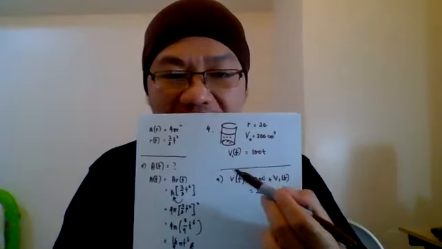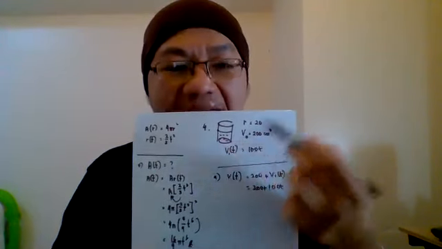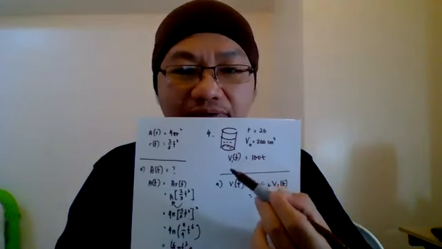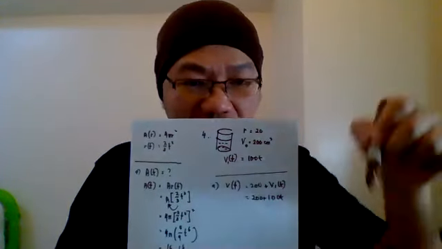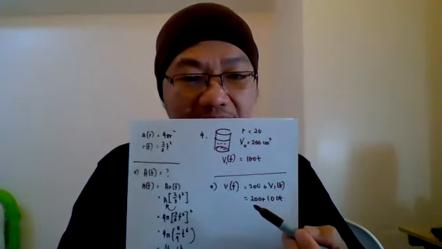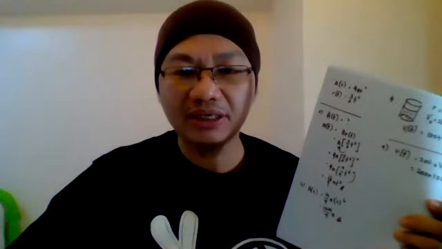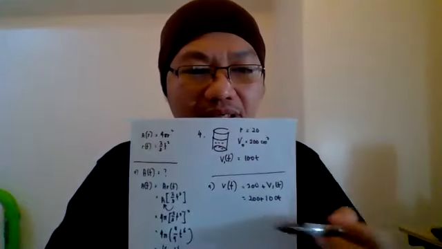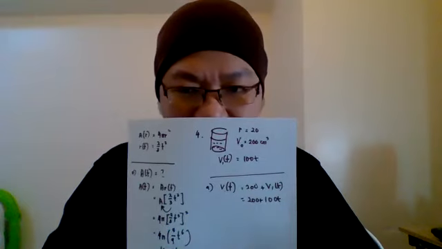V(t) is the total volume of water, the original and the additional. The original is 200, plus the V1 t here, which is the additional water that we put. So we simplify, it becomes 200 plus 100t. Sorry, running out of time, 10 more minutes. So 200 plus 100t. This is the end for the first question.